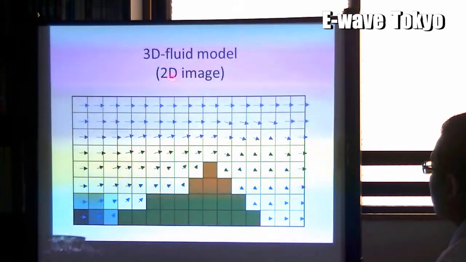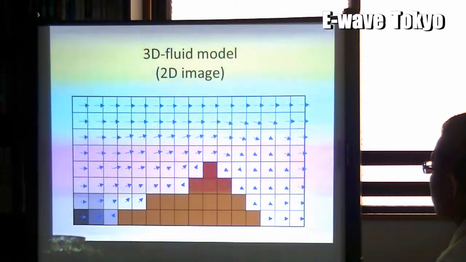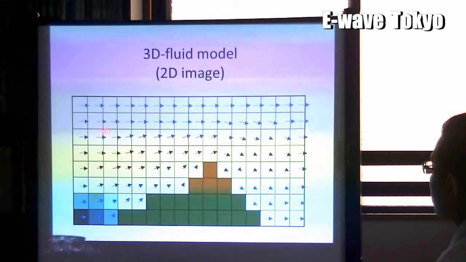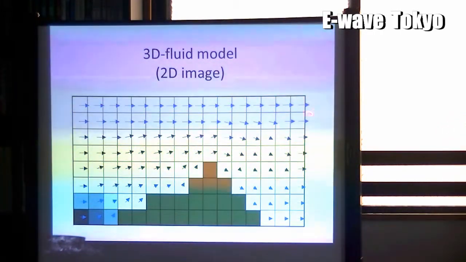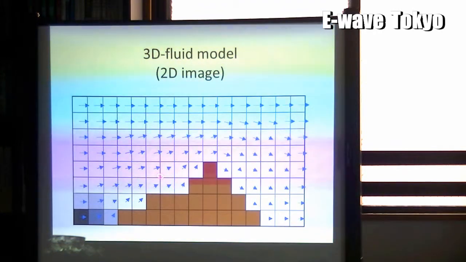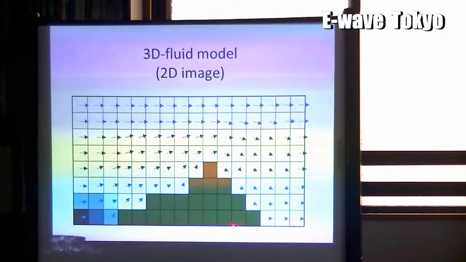This is a 2D image, but actually the model is based on 3D images. The air goes like this. Air means wind. It is influenced by the land shape, and the wind direction and the wind speed are changed by the land or buildings.